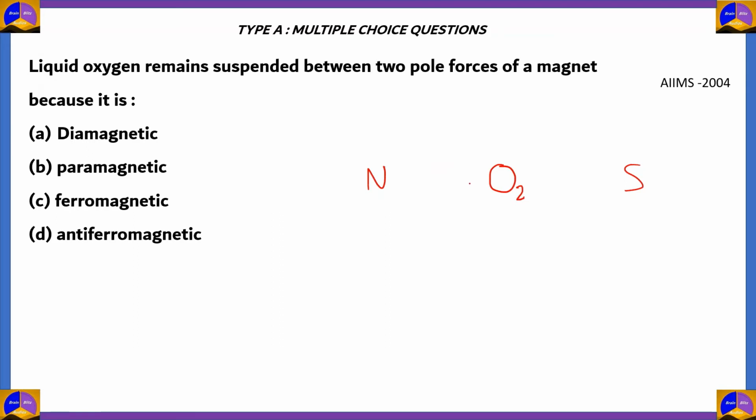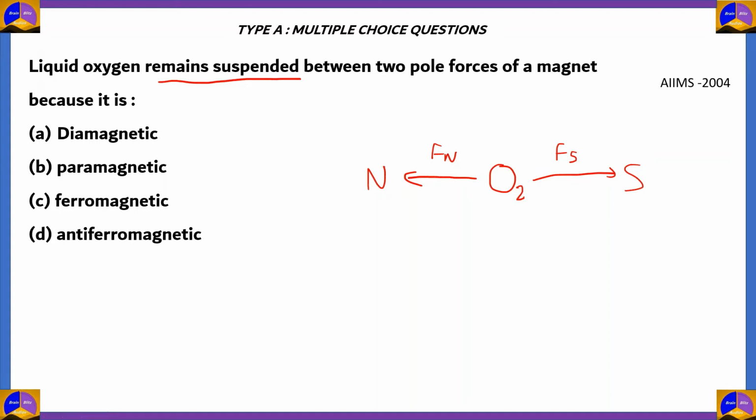So now there is a force which attracts the liquid oxygen molecule towards the north. At the same time, there is an equal and opposite force which attracts the liquid oxygen molecule to the south. The reason why we can write this is because in the question it says liquid oxygen remains suspended.